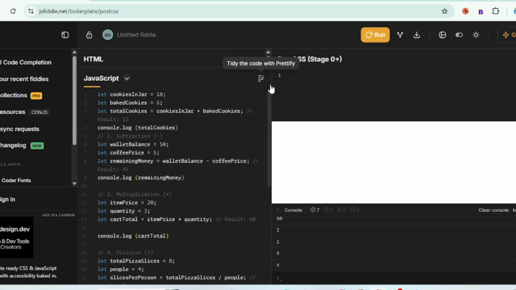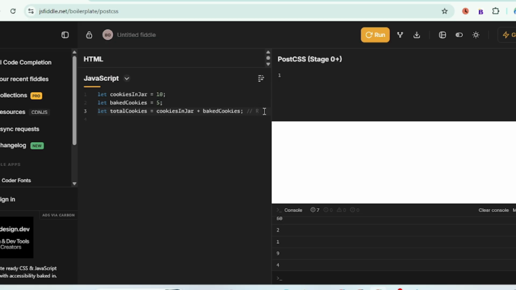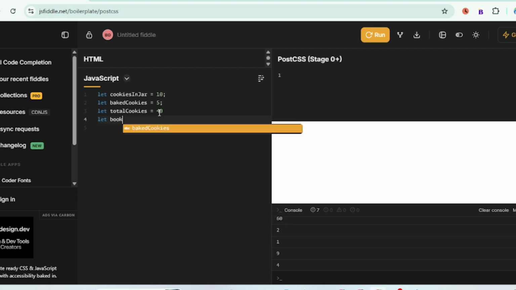Let's say for instance we decide to calculate with more than one arithmetic operator. Let's say let cookie be 40, and let book total equals 20.